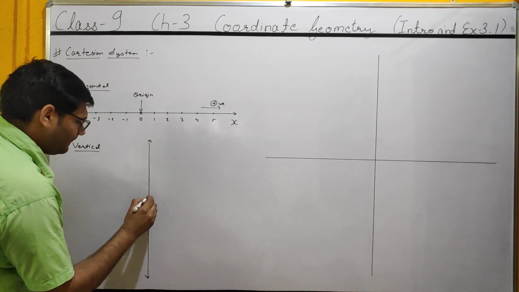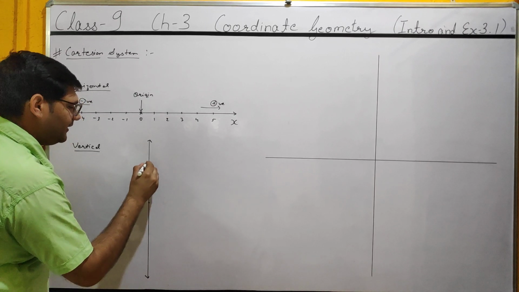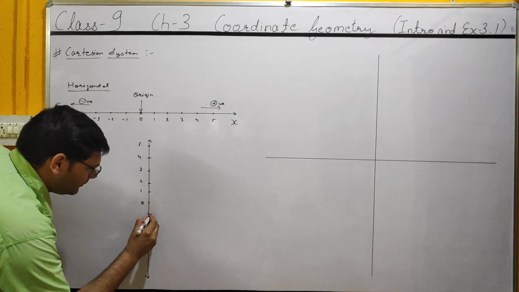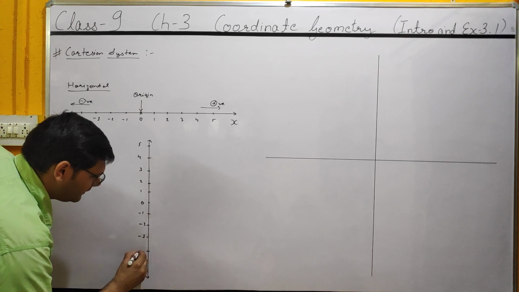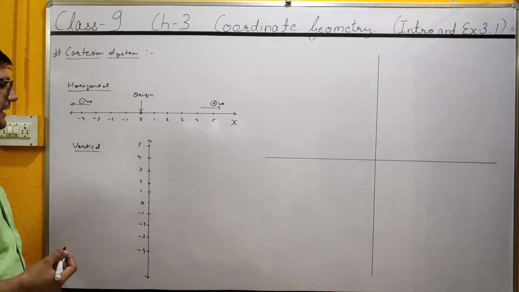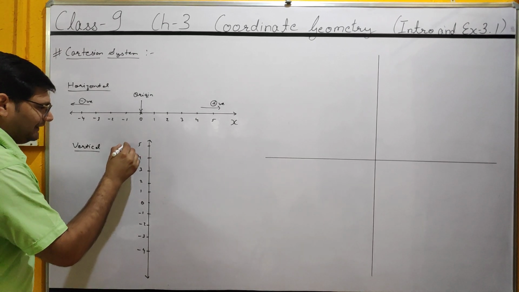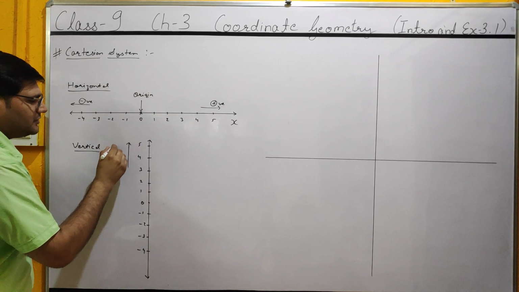Origin. 1, 2, 3, 4, 5. -1, -2, -3, -4 and so on. In vertical, all the numbers which are upwards, which are going up, they are positive.